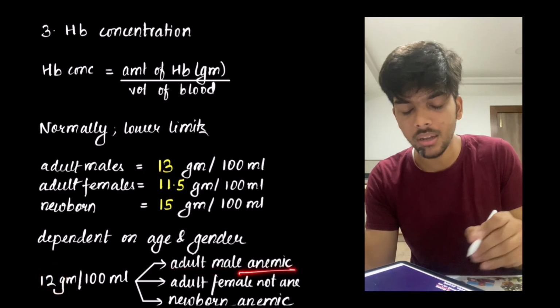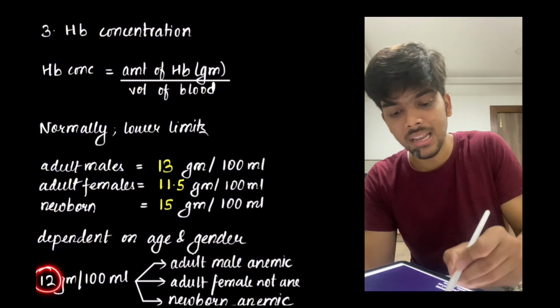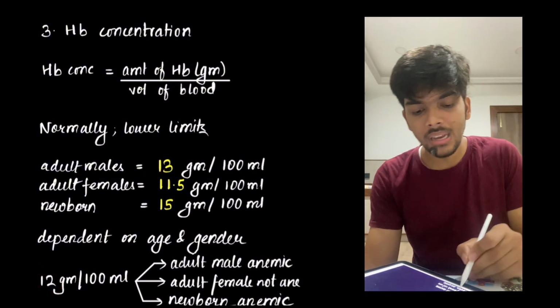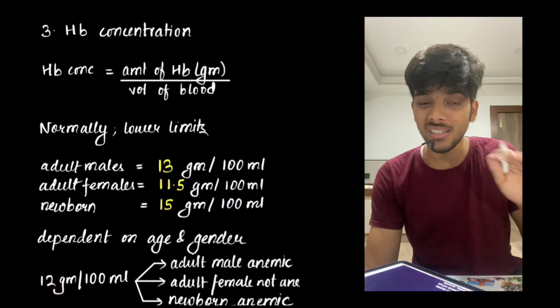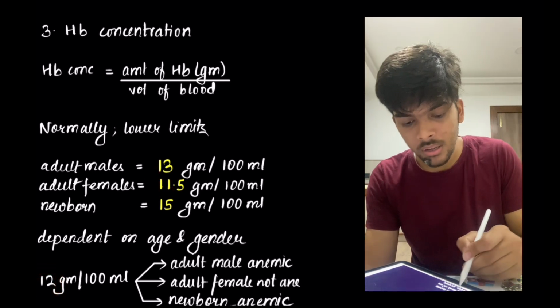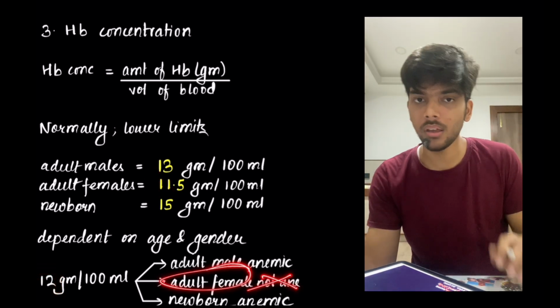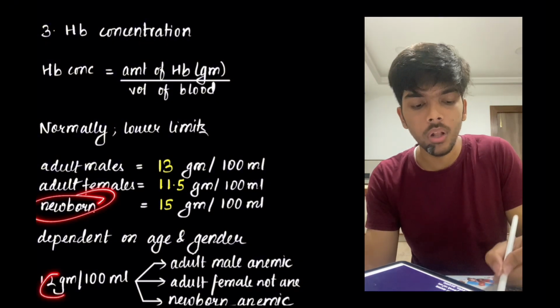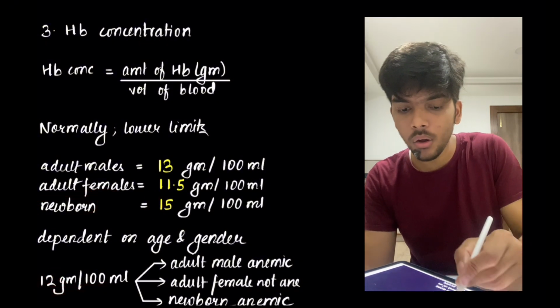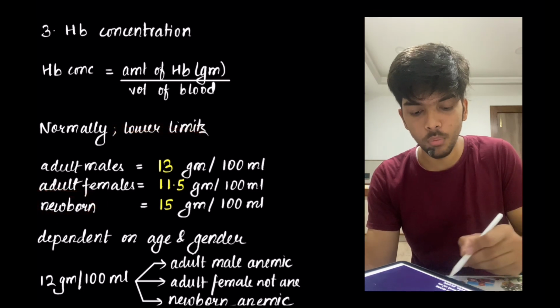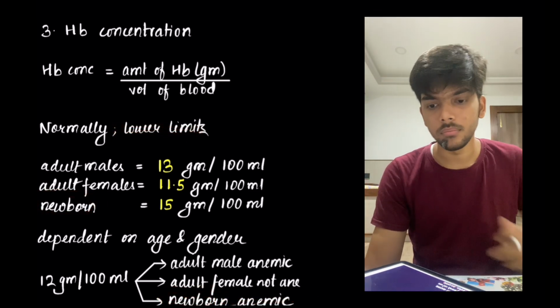So adult male is anemic. It is 12 is less than the lower limit. In adult female, 12 is greater than 11.5. That is, it is more than the lower limit. So the adult female is not anemic. In newborn, 12 is less than 15, or the given value is less than the lower limit in newborn. So the newborn is anemic.